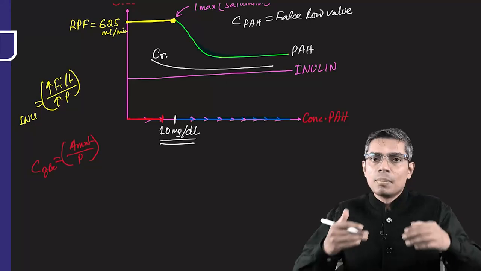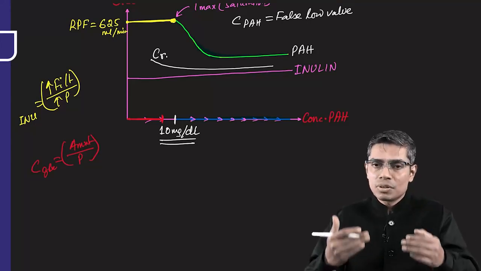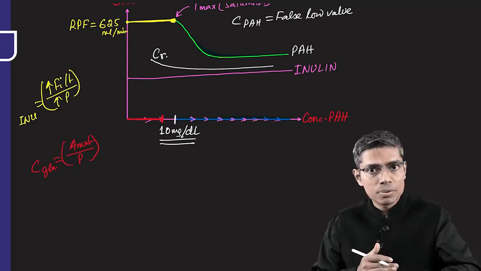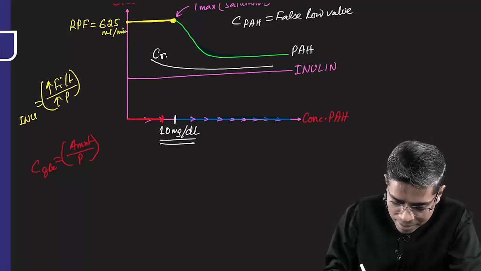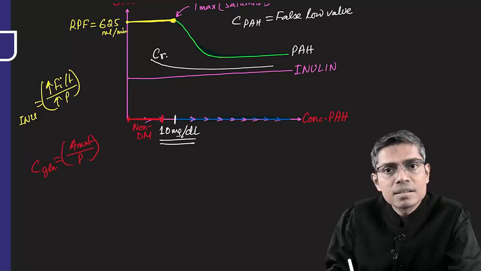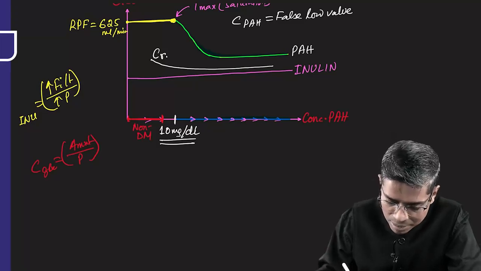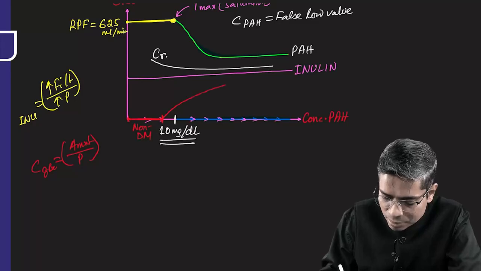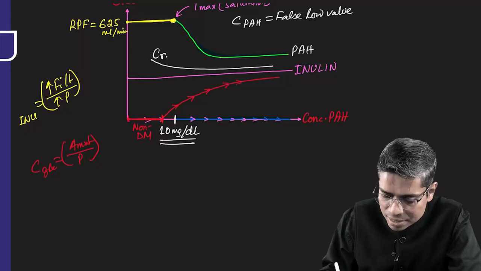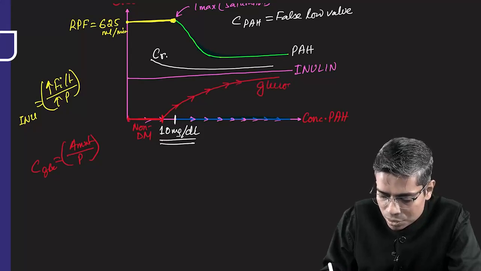The more the plasma glucose concentration in a diabetic person, the more will be the clearance of glucose. So in a non-DM person the clearance of glucose is 0, but in a diabetic person the clearance curve will rise more and more towards the inulin curve. So this is the clearance curve of glucose, right?